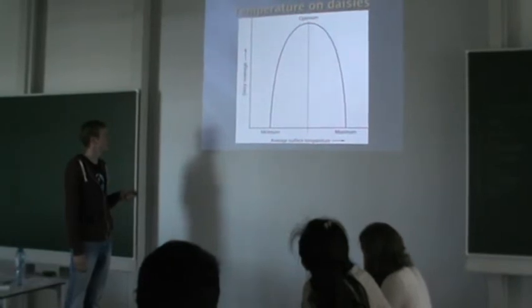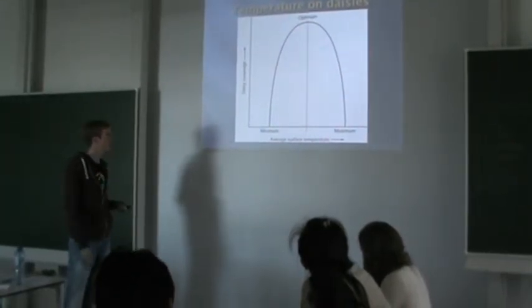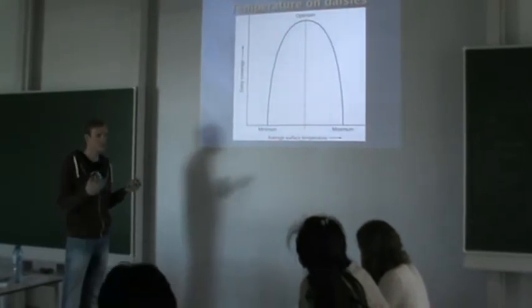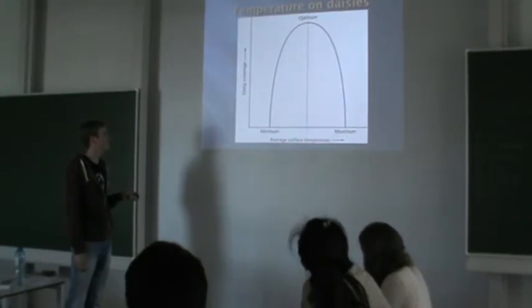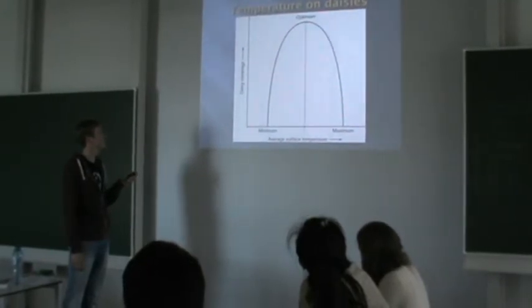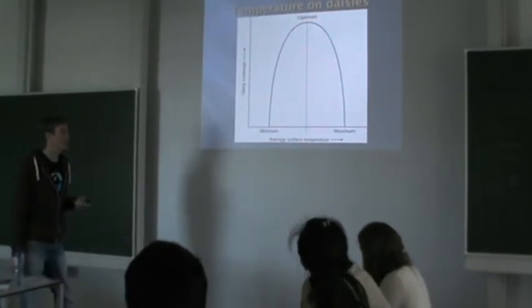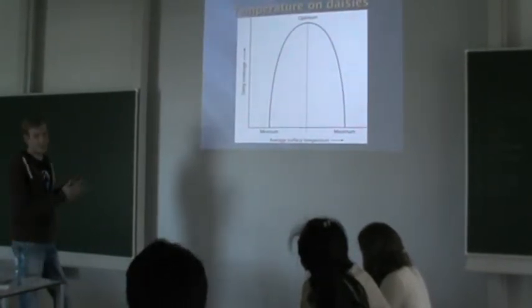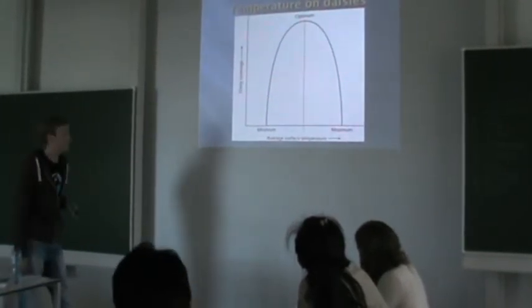You have a minimum temperature and a maximum temperature, because when it's freezing the daisies can't grow, and when it's very hot the daisies just burn in the sun. And between these two there's an optimum in which you will find the greatest daisy coverage on Daisy World. So that concludes the influence of temperature on the growth of daisies.